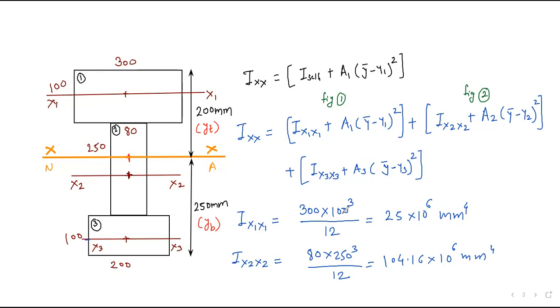Now it is correct, 70.31 into 10 raised to 6. 20.83, how you have calculated? You have made the cube of 250 or cube of 150? BD cube by 12 is your formula.